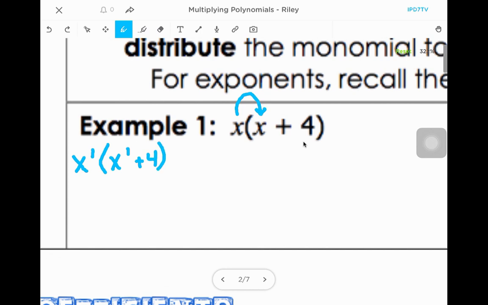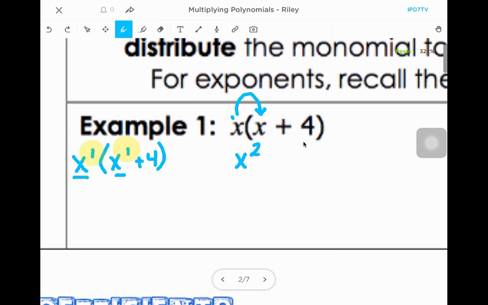They're not being shown, but we can imagine that they're there. We have the same base, they're both x's, so we can add these two ones together. 1 plus 1 is 2. So this is now x squared.